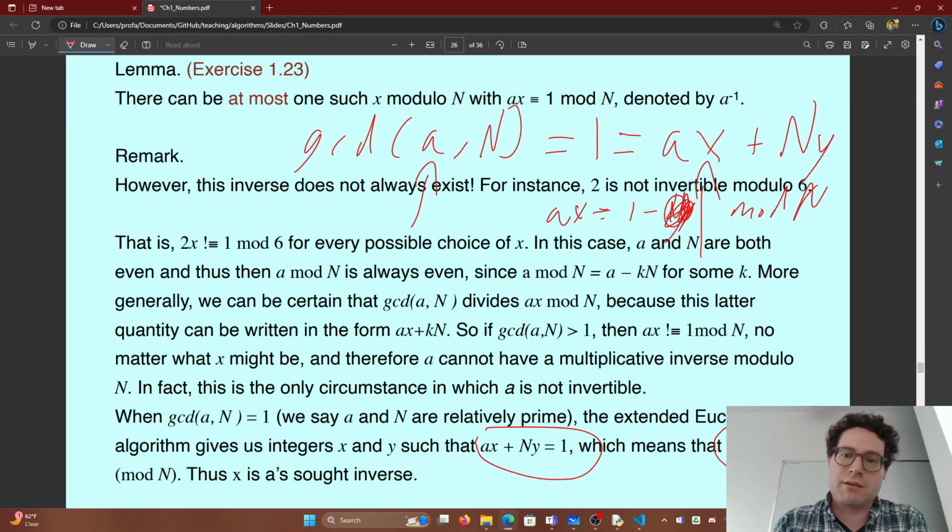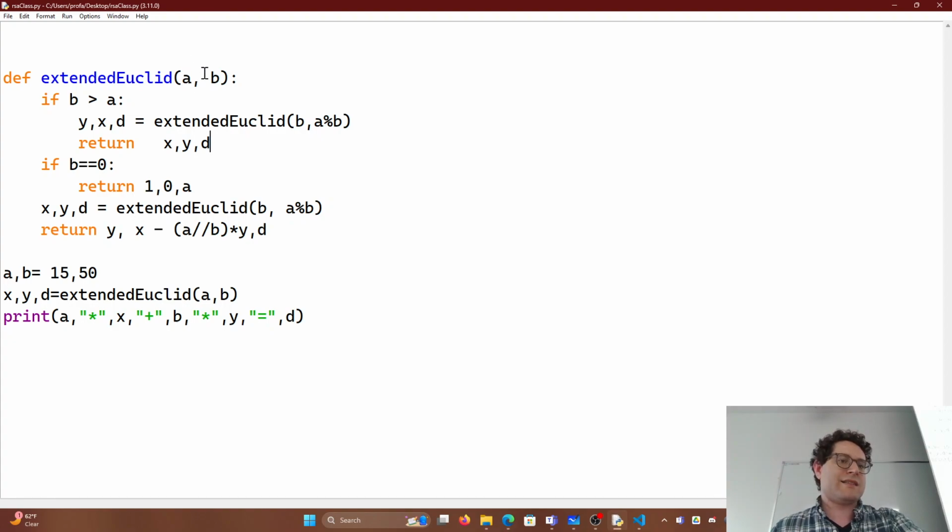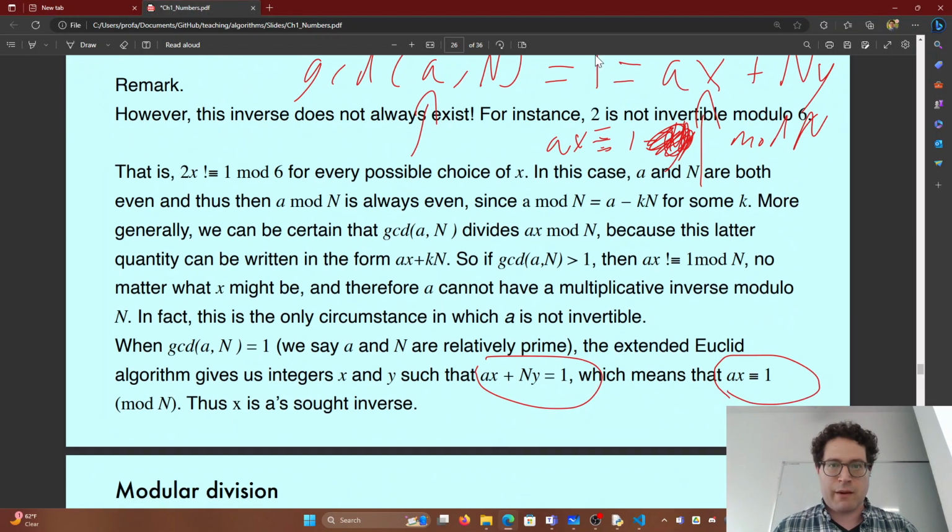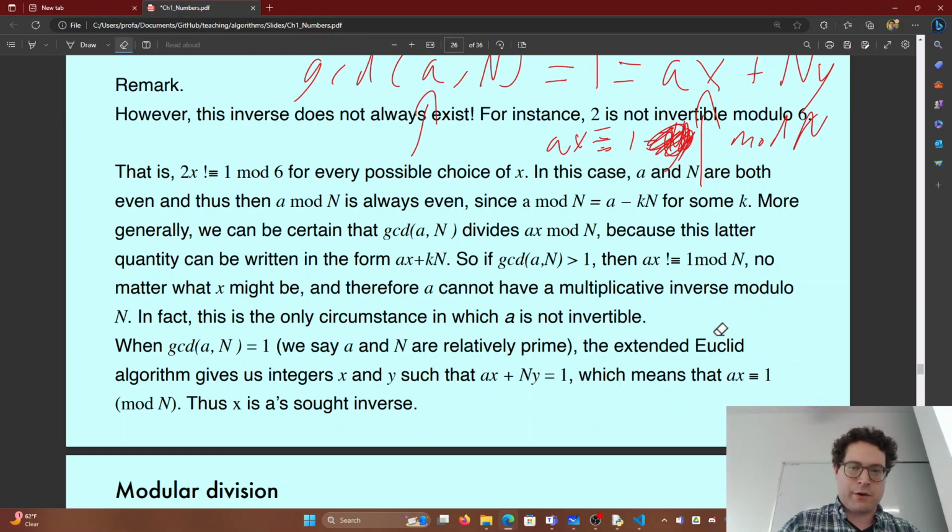It becomes equal to 0. So that's how we get there. We say Ax is congruent to 1 mod n, so x has to be the inverse. In other words, this entire Euclidean algorithm not only gets us the greatest common divisor, it also gets the modular inverse of A with respect to n. So it's a useful algorithm. That's why we care about it. We get all this extra data at no extra cost.